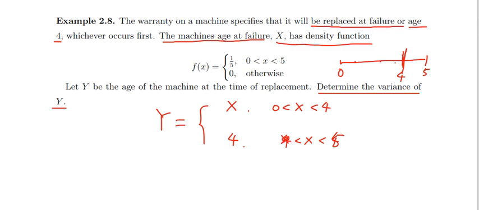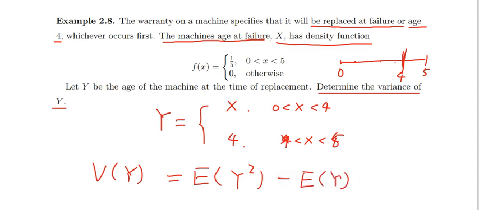So we can find the expected value of y, or the variance of y. We want to find V(Y). So V(Y) equals E(Y squared) minus (E(Y)) squared.